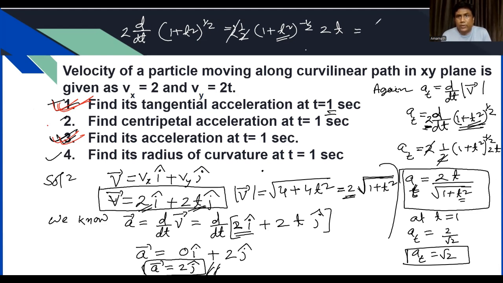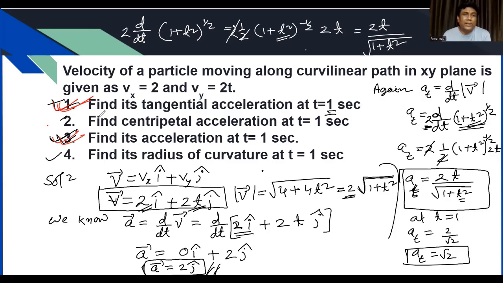So ultimately you are going to get 2t by 1 plus t square to the power half, and to the power half means under root. So this part, you check once more and do it yourself. Remember, tangential acceleration is a little bit complicated. In future also you are going to get like this only. Anyway, this is tangential acceleration.